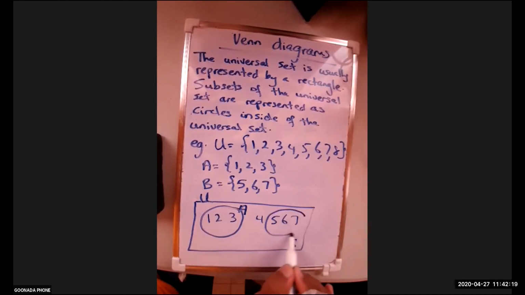So we draw a circle here, and this becomes B. And whatever remains outside of A and B stays outside. Okay, people? This is how you would represent this set in a Venn diagram. Any questions there? No, sir, no questions. Okay, great.